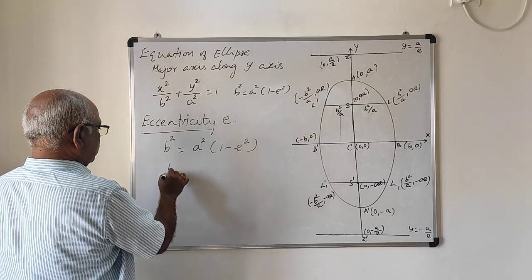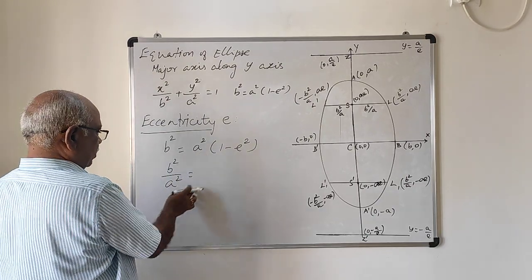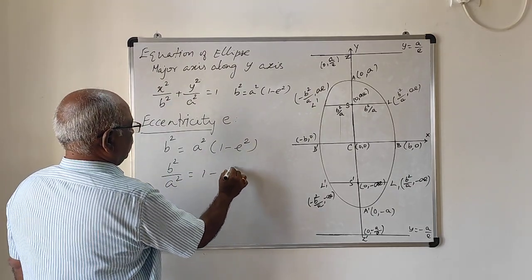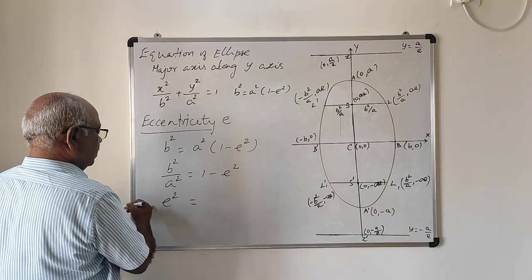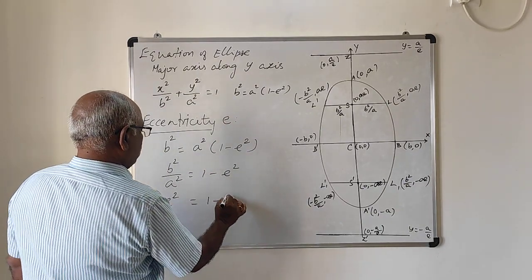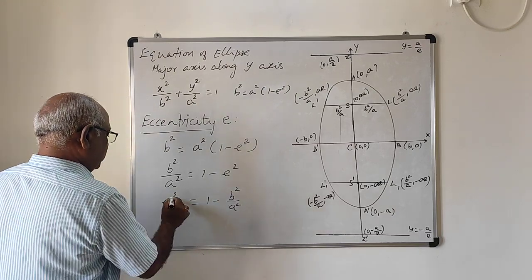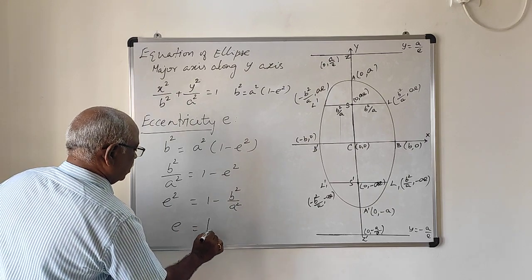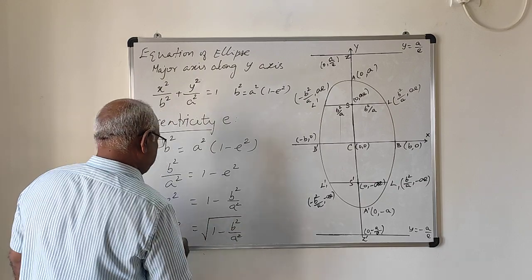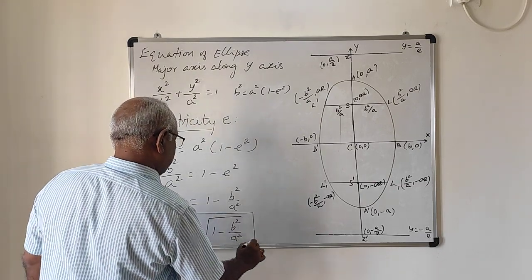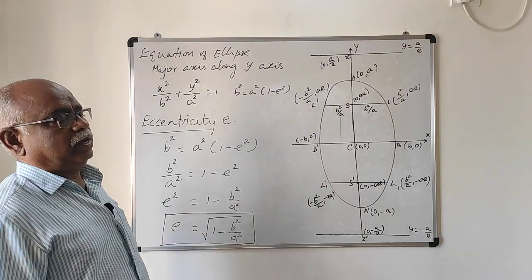From this, you get b square by a square equal to 1 minus e square. Bring e square to the left hand side, it becomes e square equal to 1 minus b square by a square. From this, eccentricity e is the square root of 1 minus b square by a square. This is the formula for eccentricity of the ellipse.